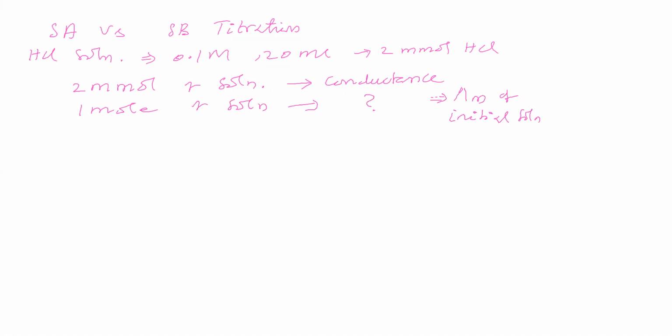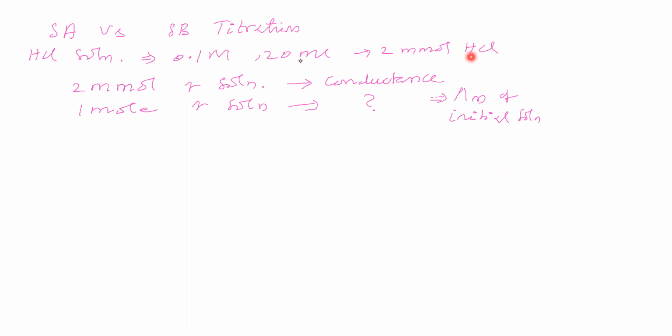Here we have taken a strong acid, HCl solution, 0.1 molar, 20 ml. Why? Because in the vessel we can take only that much. In a titration also, you take 20 ml of solution in the conical flask. So 2 millimoles of HCl, if you multiply these two.